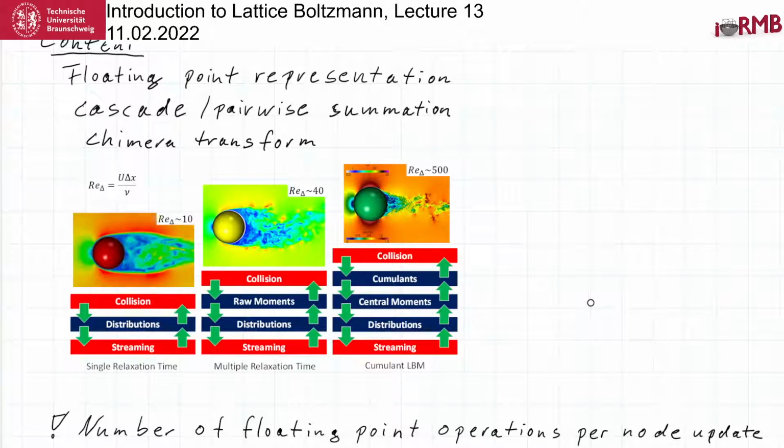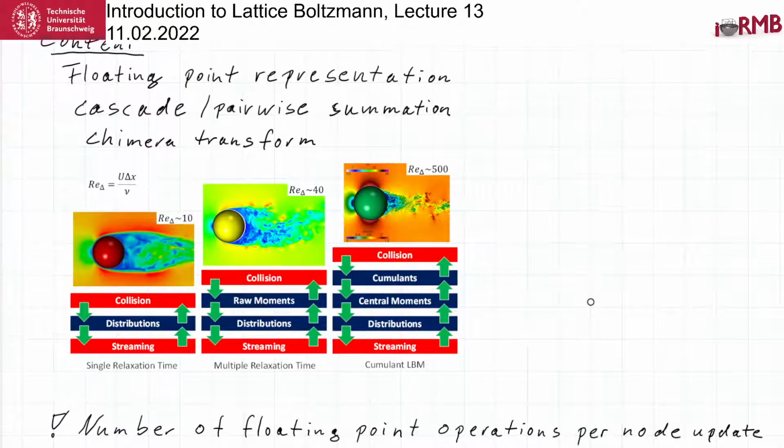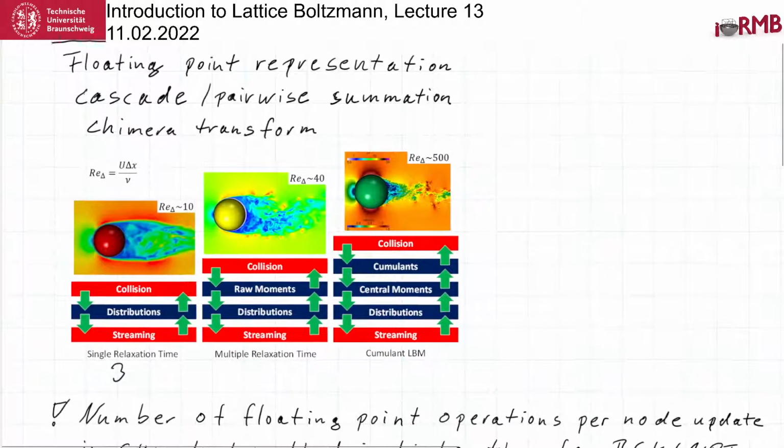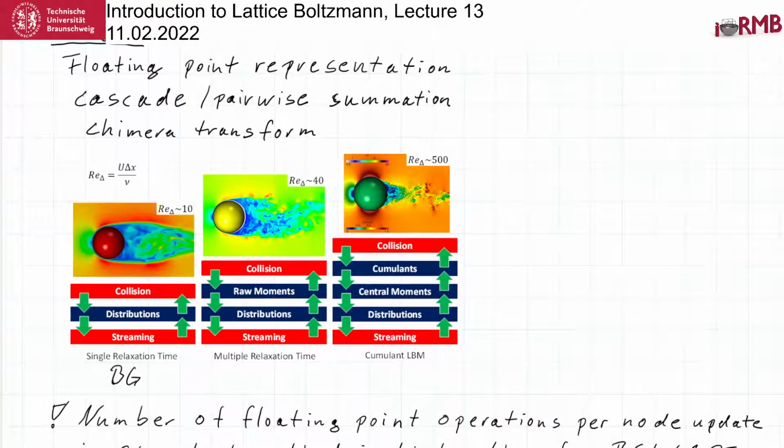But last time, when we introduced the cumulant methods, we ended on this picture here, demonstrating that we can use the cumulant methods to do simulations at a much higher fidelity than the other methods that we introduced, in particular the BGK and the MRT methods.